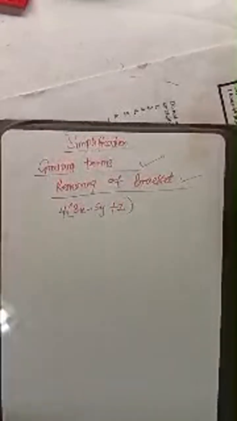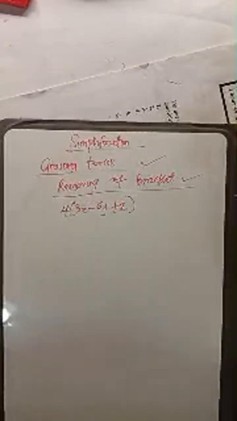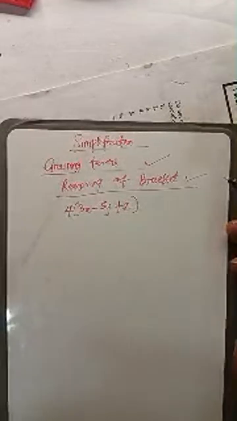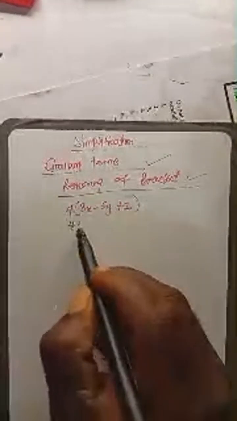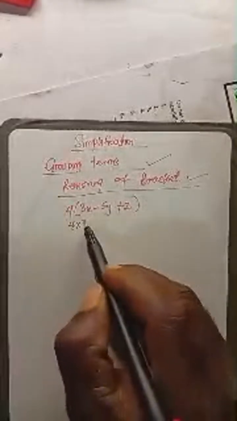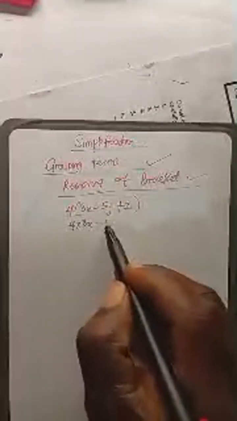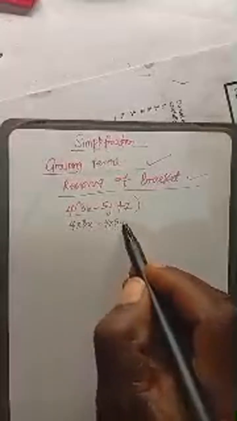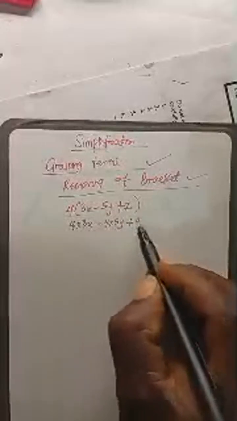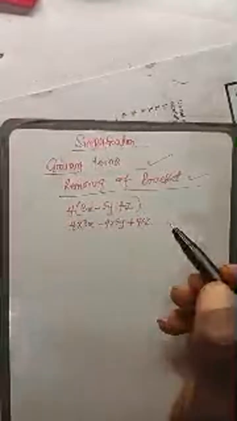In case you want to simplify this, you firstly expand the bracket, and that is where we are going when removing bracket term. So it will be 4 times 3x minus 4 times 5y plus 4 times z.